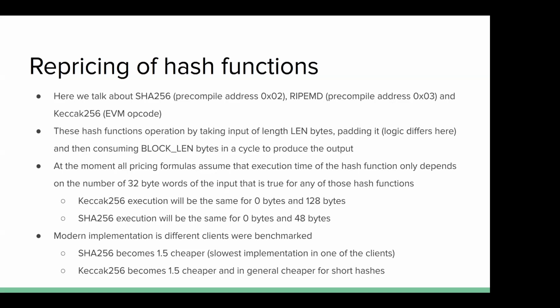So benchmarks were supplied by major clients. I ran OpenEthereum and gas benchmarks myself, and guys from Nethermind and Besu provided the benchmarks, which they did by themselves. It allowed determining the constants which have to be used in these formulas for pricing. So that's why it's not a DOS vector.